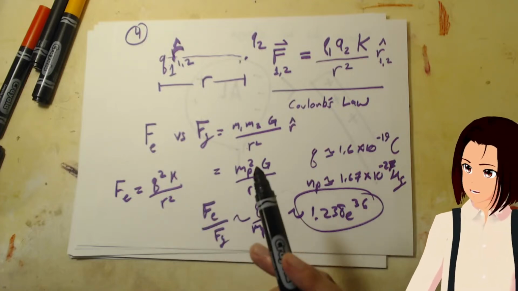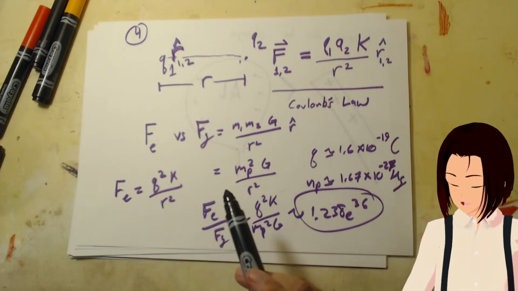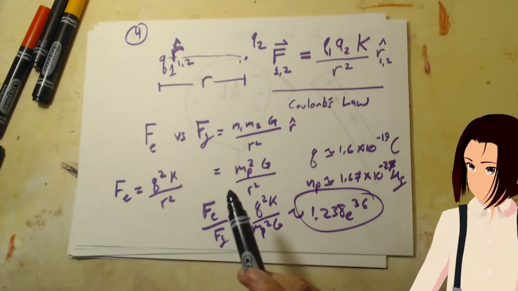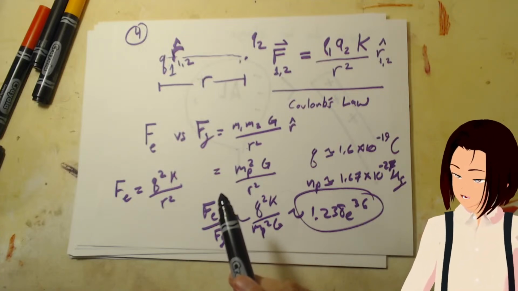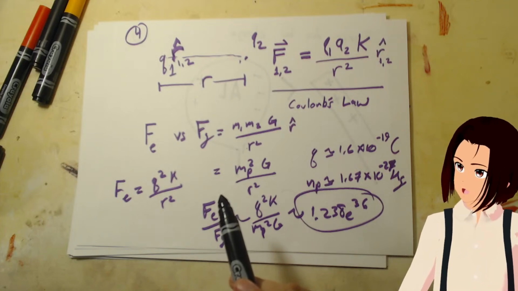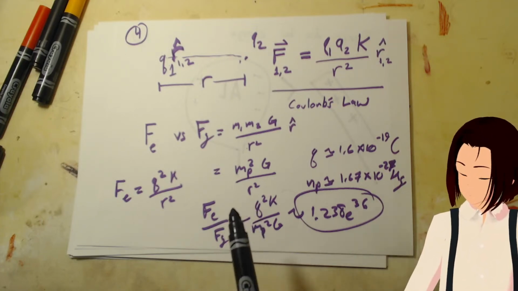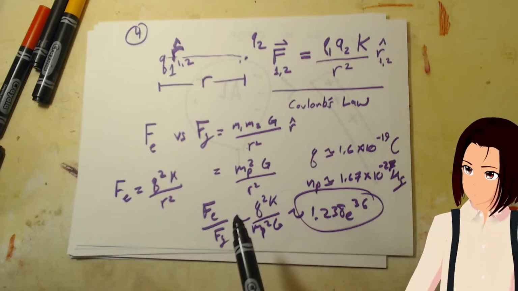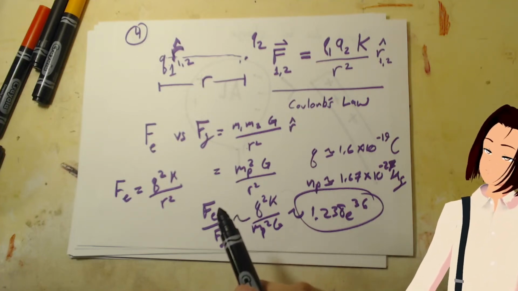And the mass of an electron is even smaller. But if you have bigger objects, you could have bigger F_G. But the whole point is that F_E is pretty good.